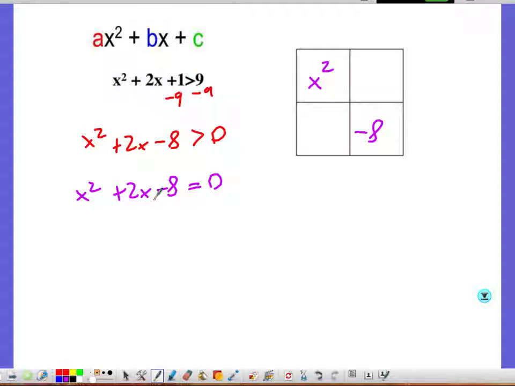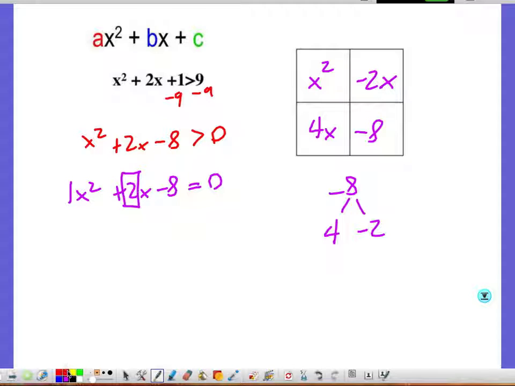Now what I want to do is find the factors of negative 8 that give me 2. So what are the two factors? Well, it's going to be positive 4 and negative 2. So these are what go inside my boxes. So I have positive 4x and negative 2x.